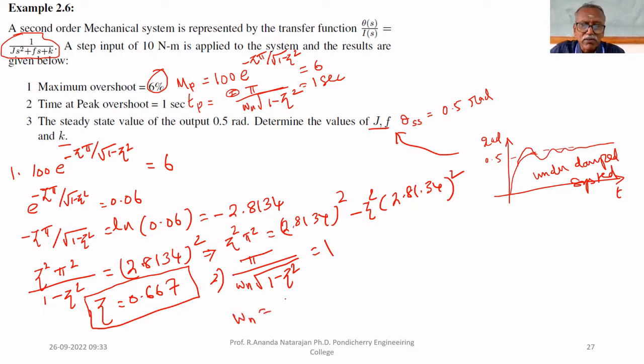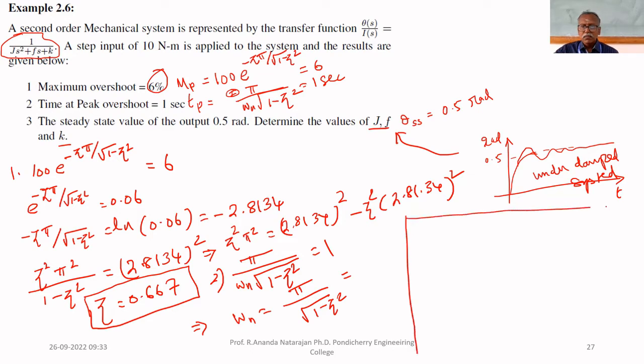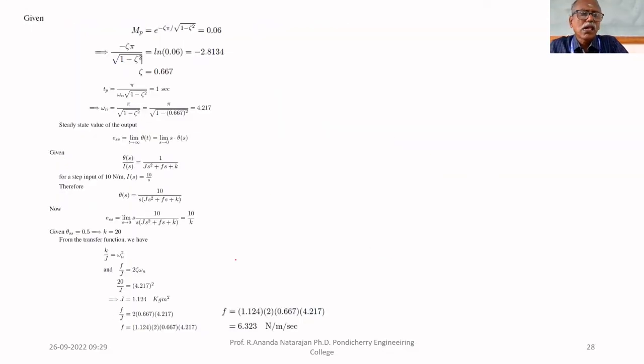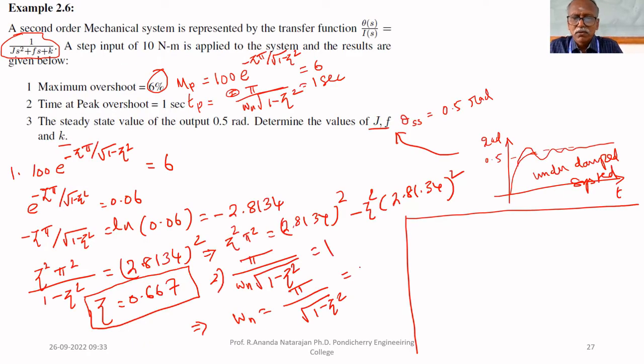Omega n equal to pi upon square root of 1 minus zeta square. We know zeta is 0.667. Find omega n. Omega n equal to 4.217.